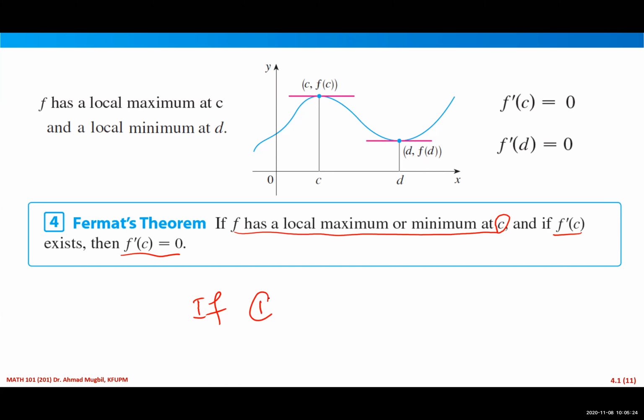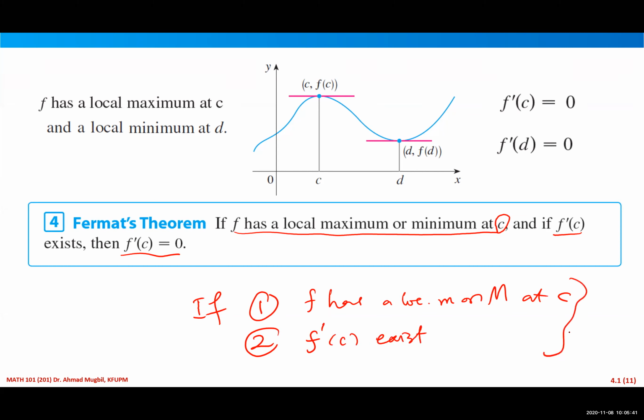So you have two conditions. Number one, f has a local maximum or minimum at c. The second condition, the derivative at c exists. If these two conditions are satisfied, then this implies that the derivative must be 0. If it exists, it must be 0.